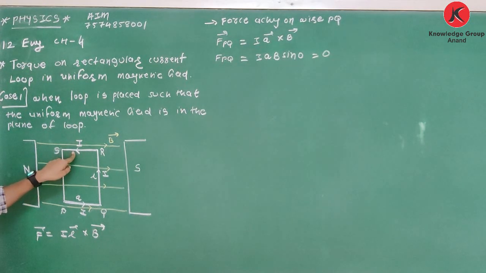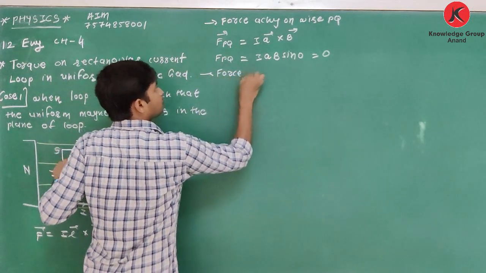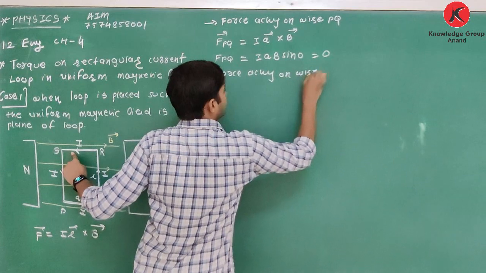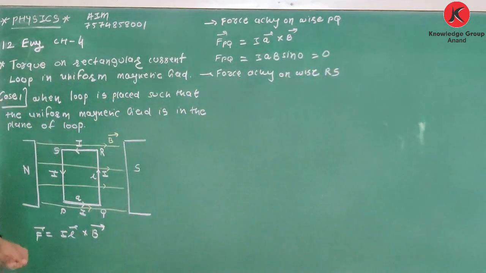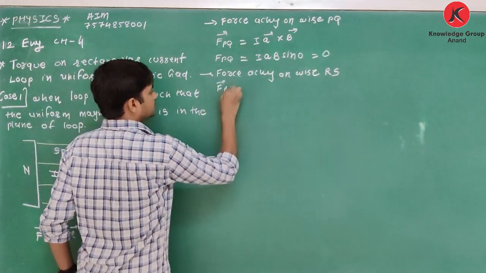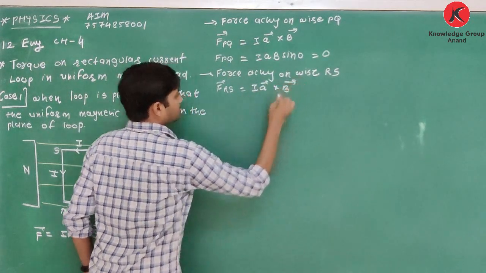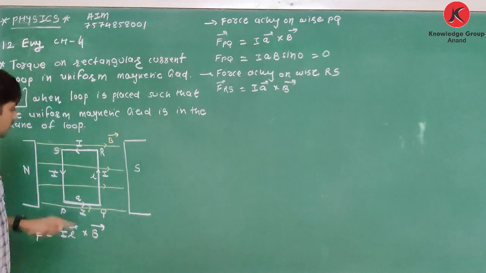Now I will take the opposite wire. See the force acting on wire RS. For wire RS, the equation is again F RS is equal to I A cross B. The current flowing is I, the side is again A, and the magnetic field is in this direction.